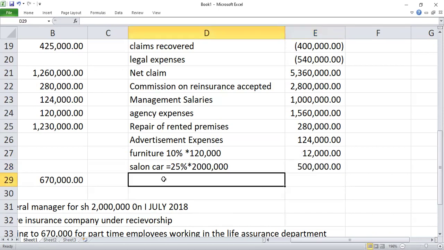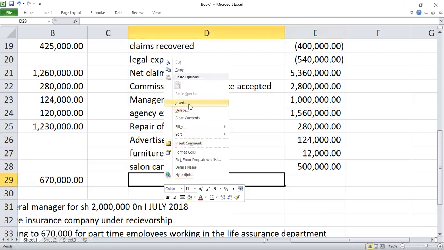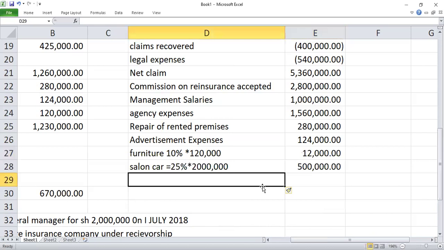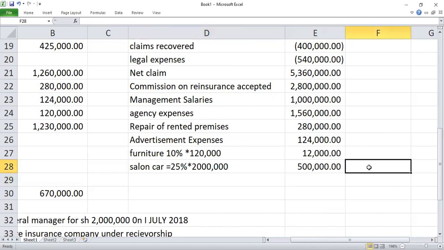Then lastly, let me start a new row. Lastly, we have other incomes. Before we take other incomes, we need to subtract this total. We need to get the summation of these expenses, starting from this net claim. So we take equal to sum.